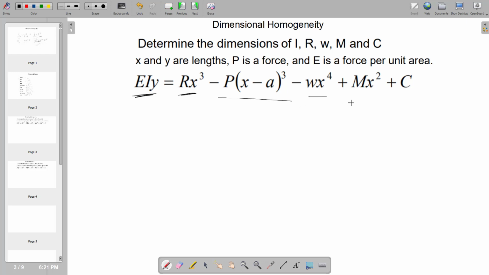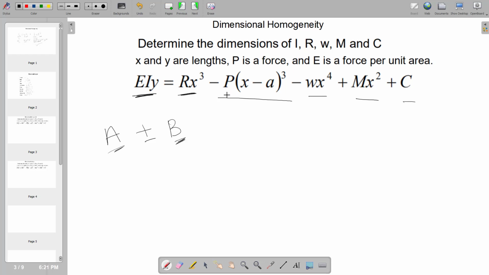The same dimension as this, this, and that. We also know that you cannot add two quantities that have different dimensions. So if we're having an addition or a subtraction of any two quantities, we are rest assured that these two quantities have the same dimension.